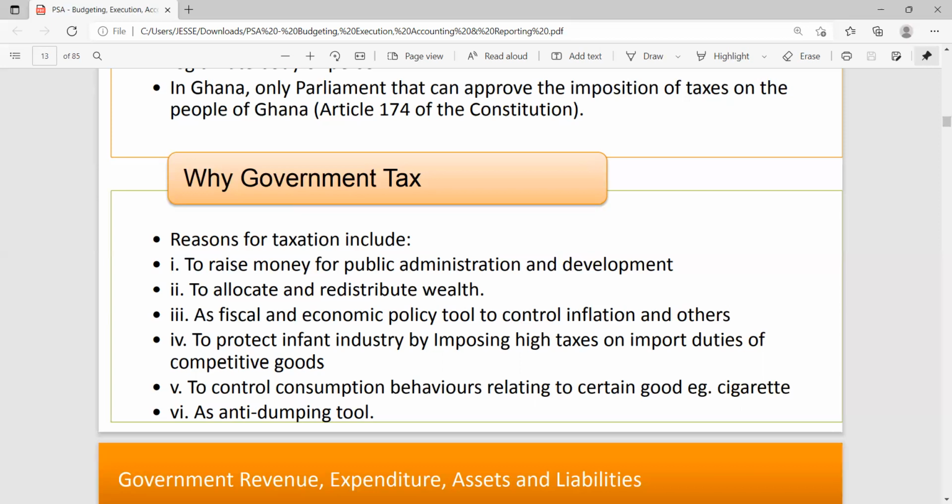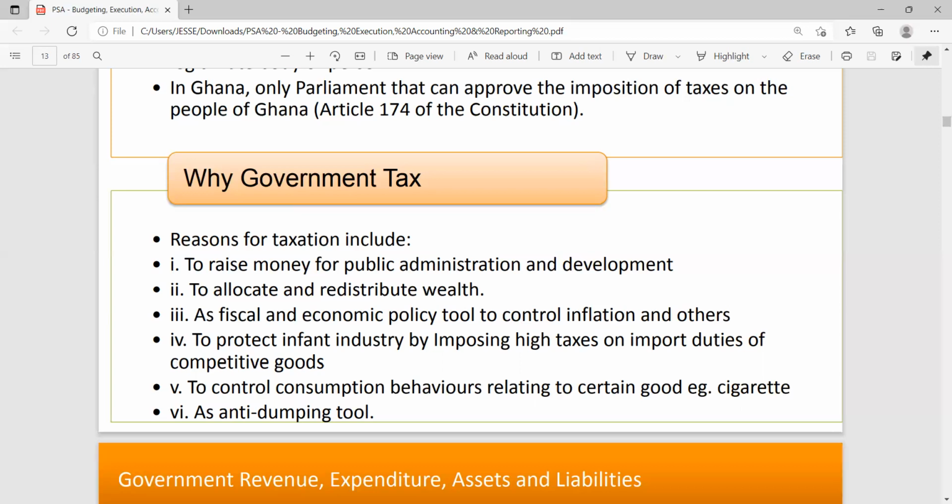So dumping refers to the practice of firms selling products abroad at significantly low prices compared to what is actually sold in their home market. So you're basically dumping your product in another economy by charging very, very low for it.